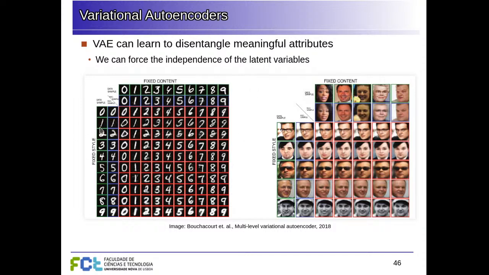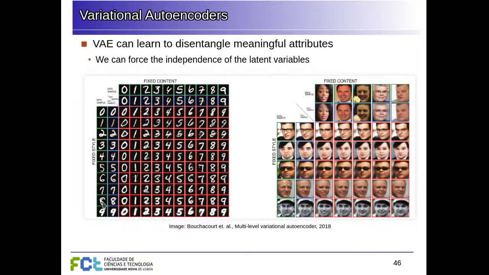For example, here with the MNIST dataset, we can use a variational autoencoder to encode each example into the parameters of two Gaussian distributions. We have one here on the horizontal and one here on the vertical. And what these Gaussian distributions capture is the content of the number. So with different parameters on this part here, we can set the number to 0, 1, 2, 3, 4, and so on. And this one, the style of the number.